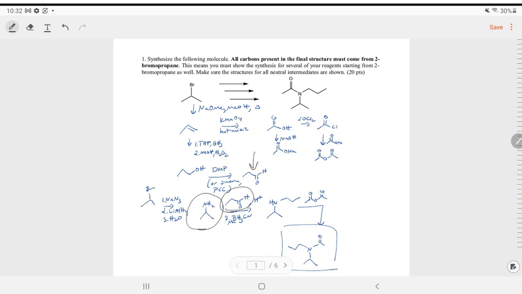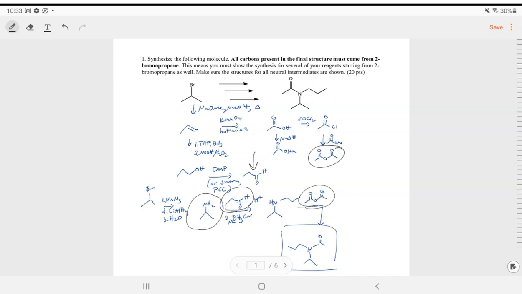And if I want to show how to add that acetate group, I chose to do it with the anhydride. You could use the acid chloride, you would just need to make sure that you write 2 equivalents of your amine there. But notice I showed how to make the anhydride. I showed every carbon that's going into my final molecule, and I showed where it came from: 2-bromopropane.